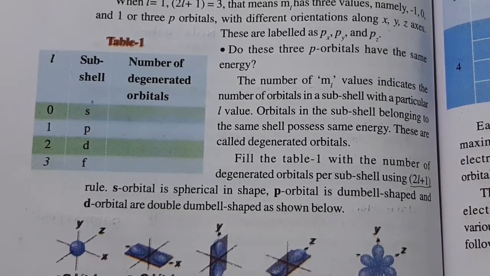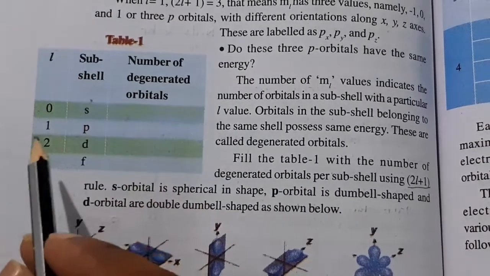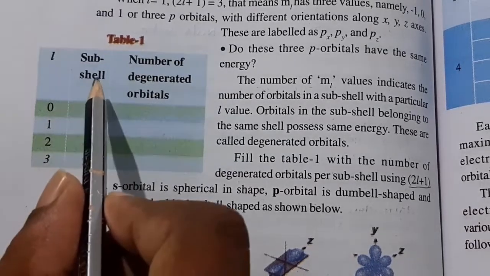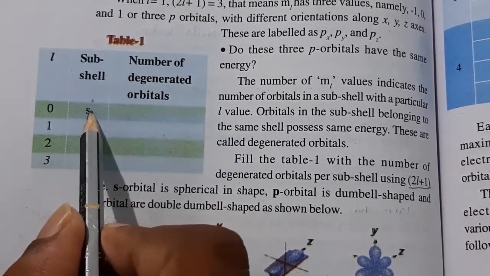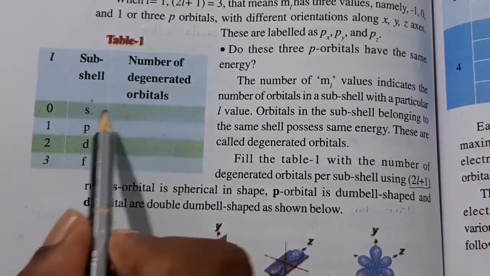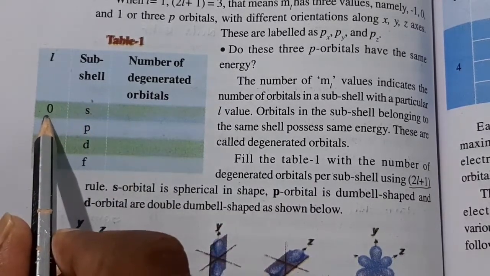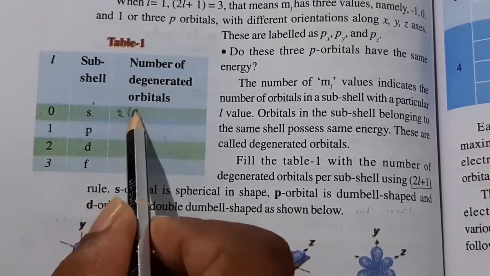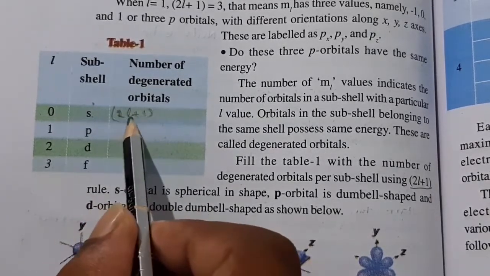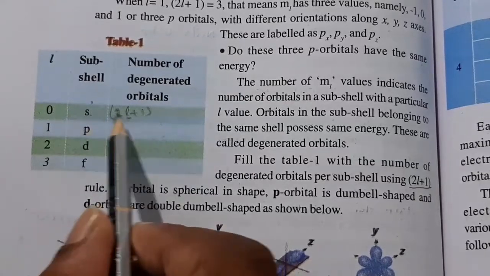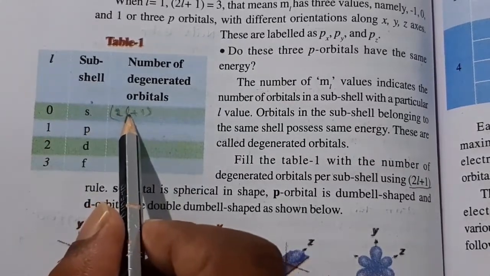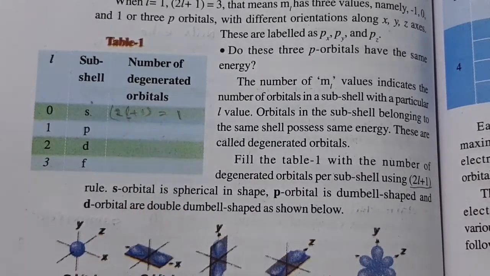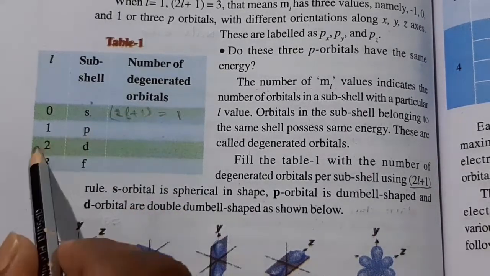Okay, let us see. First one, L is equal to 0. That means subshell S. So we have to substitute the number 0 in 2l plus 1. L means how much? 0. So 2 into 0, 0 plus 1 is equal to 1. Like that, P is L equal to 1.